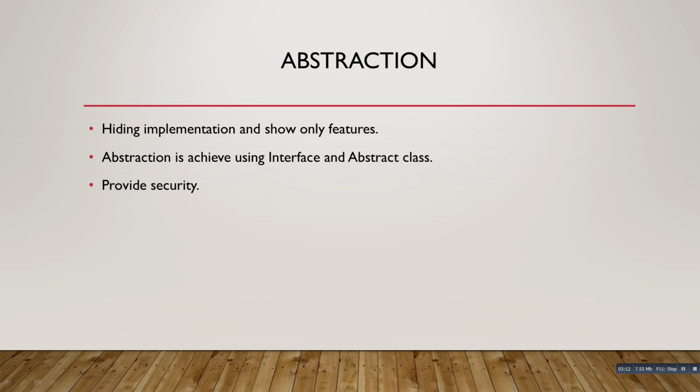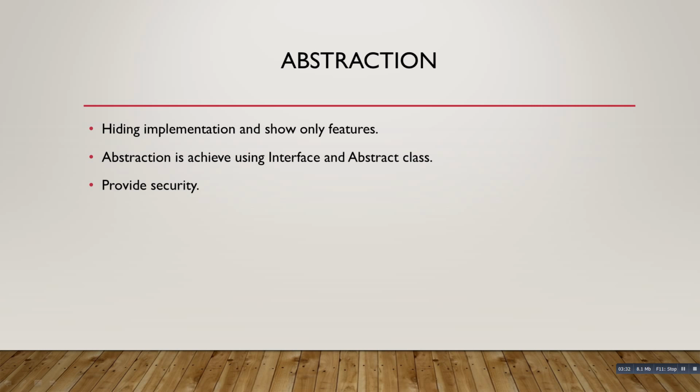So we use interfaces and abstract classes to hide the implementation, so that the user is not able to know anything about the implementation, our language or our servers. They only know the features and how to get them.